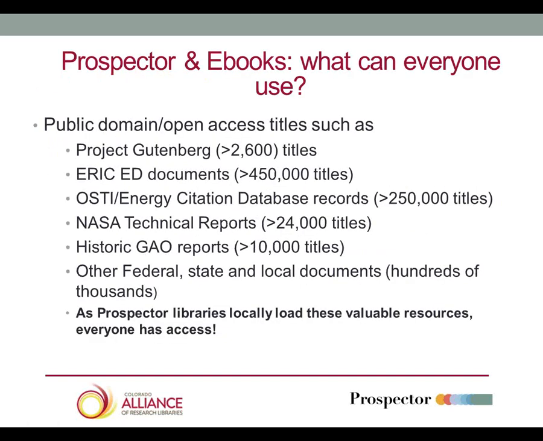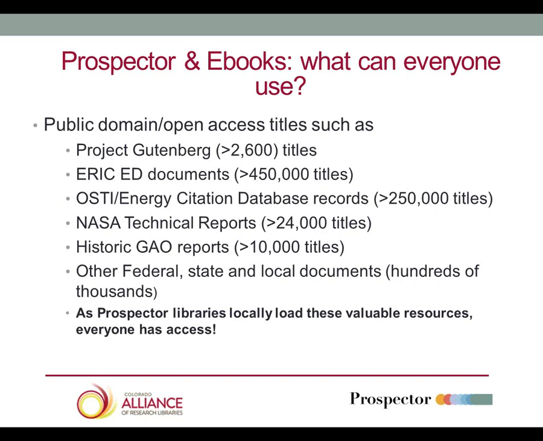So the public domain, Prospector and ebooks, what can everyone use? You can see here we have quite a few collections that are open to anyone to use. One thing you can do in Prospector is search for something like Project Gutenberg. You can do that search in Encore, just Project Gutenberg, and it'll tell you about how many items there are.